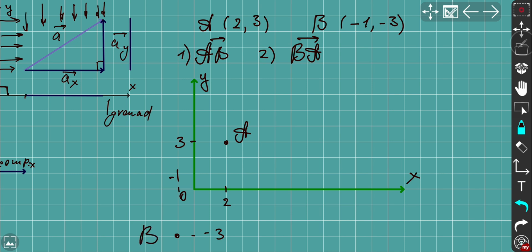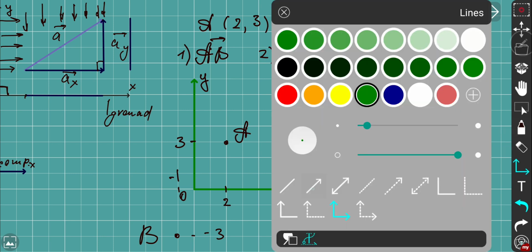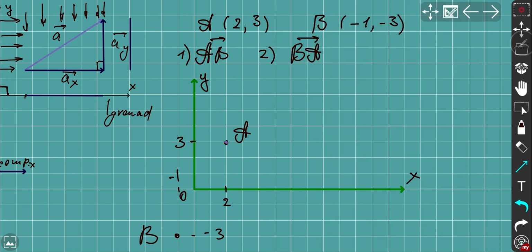What we need to do? Actually, we need to just connect those 2 points with a vector. Let's set up that color. And vector AB is going to be that vector, okay? Now, let's have a look at the components.